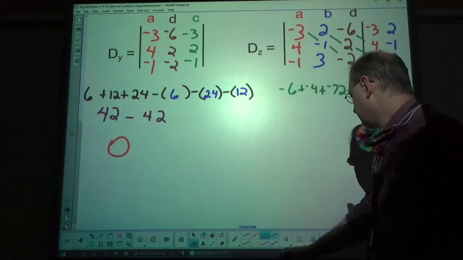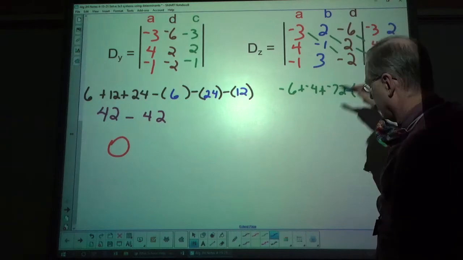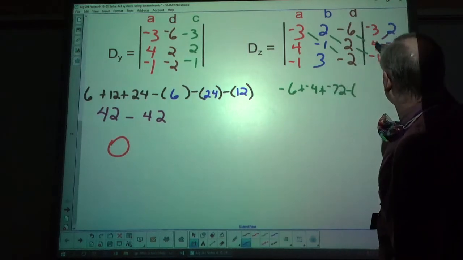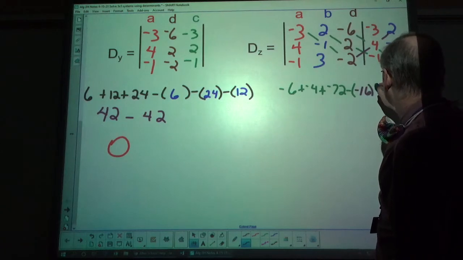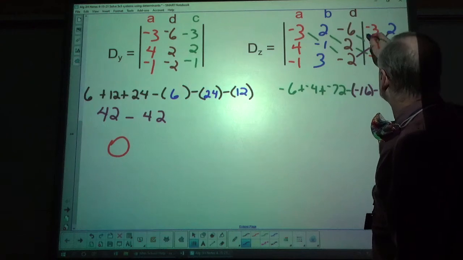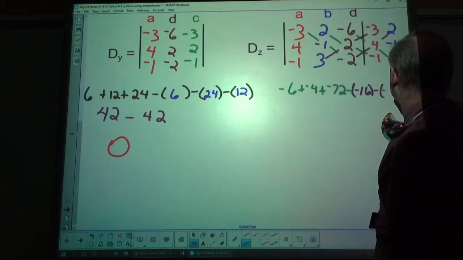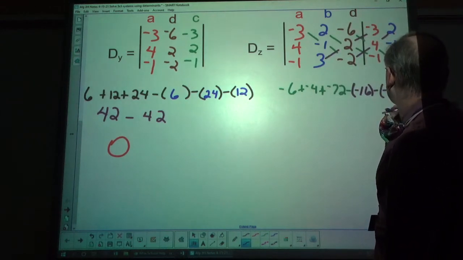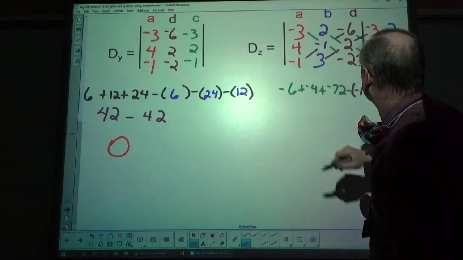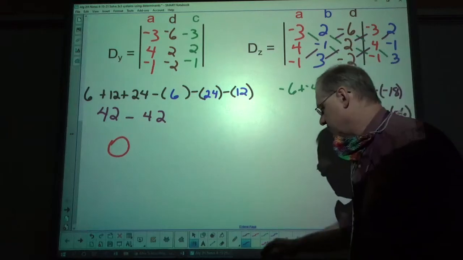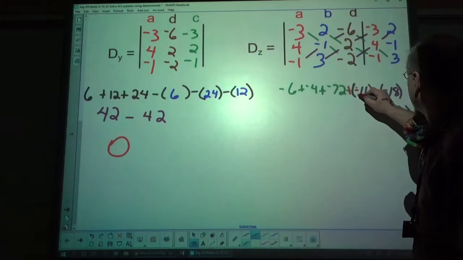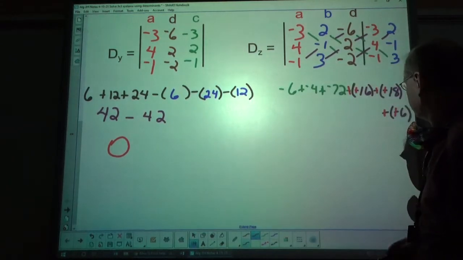Let's see, the other direction, 16, -16. -18. Gonna put it down below because I ran out of room. -6. All right, all these double signs, plus positive, plus positive, plus positive.